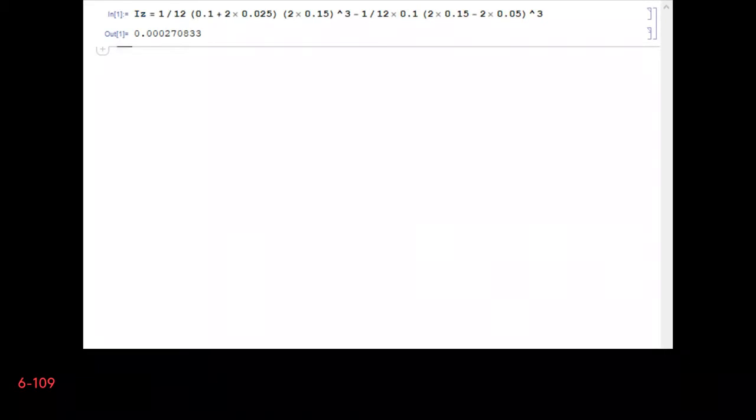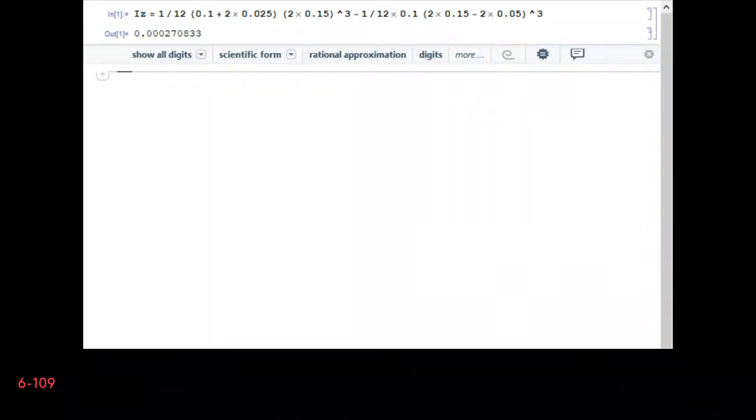And the value we have for Iz is 2.708 times 10 to the power minus 4 meter to the power 4.